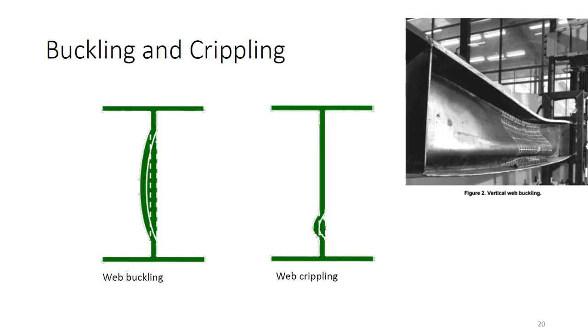These are the failures which we observe in the case of beams. These are the failures which occur in the beams.